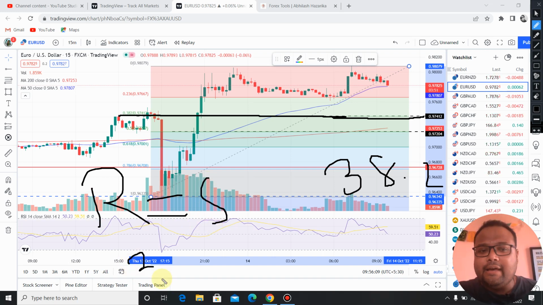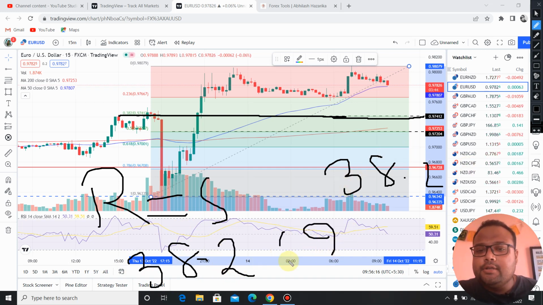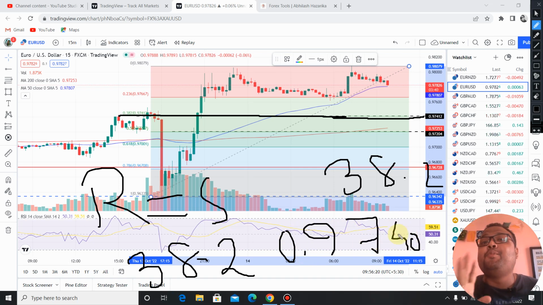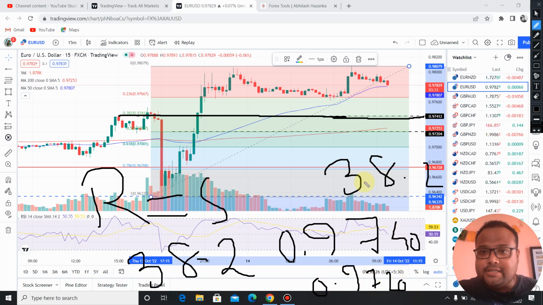Plus we have got Fibonacci 38.2% retracement level. So 0.9740 is also a support for the market. And the next support is 0.9720, Fibonacci 50% retracement level.